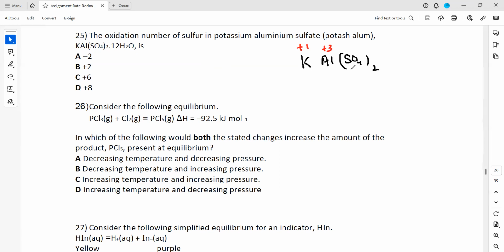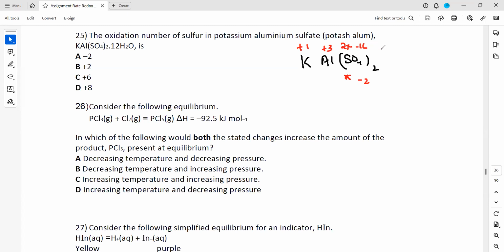Each sulfur is X, we don't know the sulfur, but because the bracket 2 is there, this will be 2X. And each oxygen is minus 2, but how many oxygens are there? 4 multiplied by 2 makes 8, and this will be minus 16. Why 16? Because 4 multiplied by 2 makes 8, and each oxygen is minus 2.